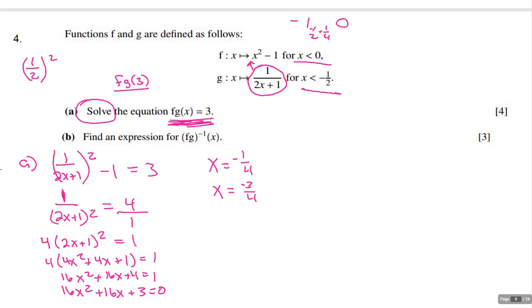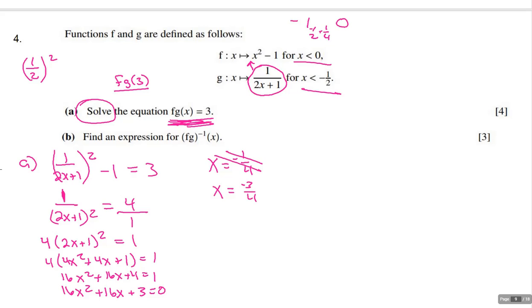Negative 1/4 is going to be bigger. I can't use it. Now, negative 3/4, is that less than negative 1/2? Yeah. All right. So when you do a composite function, use the more restrictive domain, because we have both of them. Does that make sense?